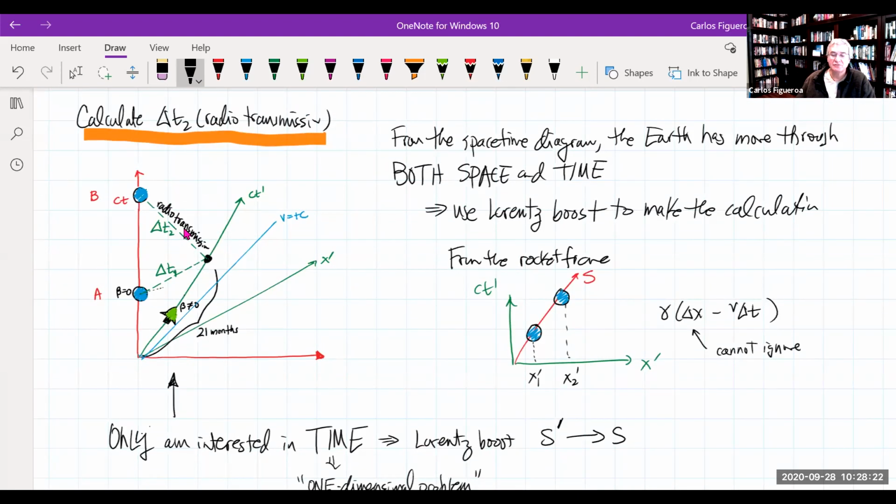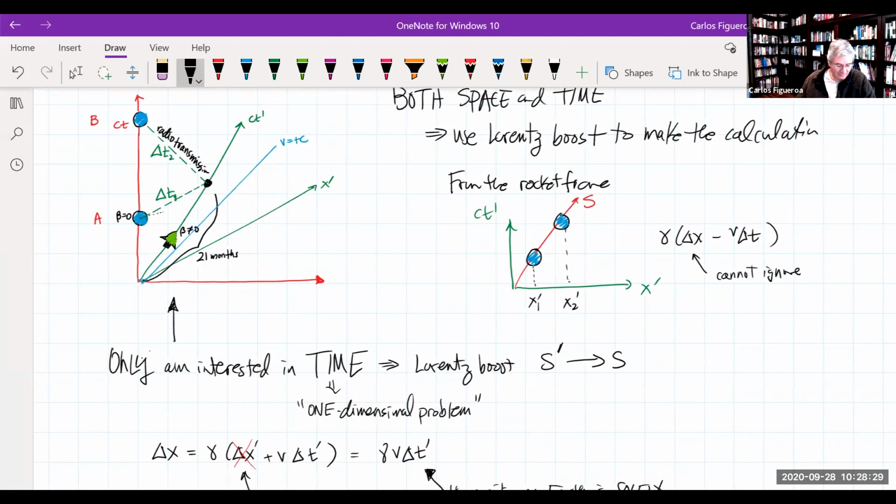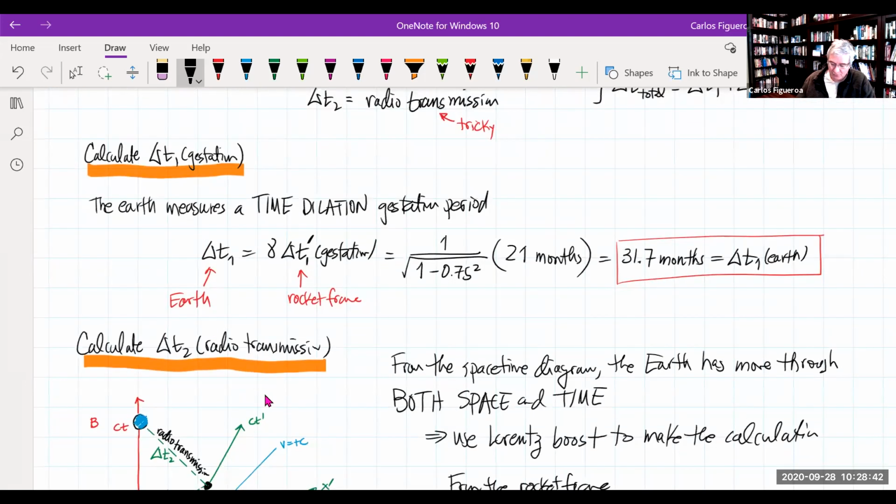How fast does the radio transmission move? Light. Speed of light. You know what I was doing? I was doing this in my head. I was talking about the radio transmission, and this cannot be true for the radio transmission. So I did this all wrong. And I get it. That means I got to start over.